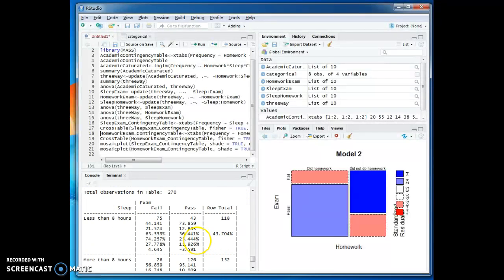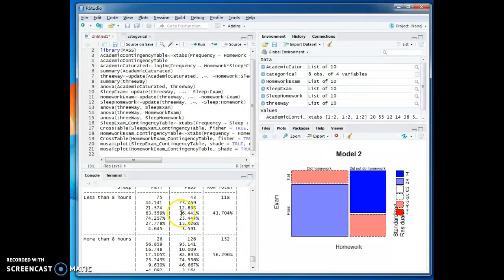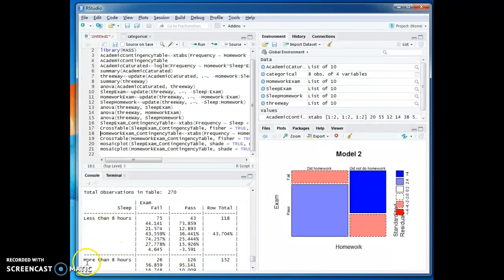As we can see from the table, when people sleep more than 8 hours, 126 people pass the exam and 26 people fail. When people sleep less than 8 hours, only 43 people pass the exam and 75 people fail.